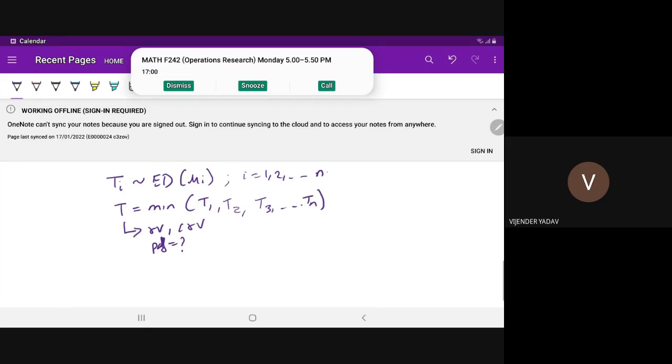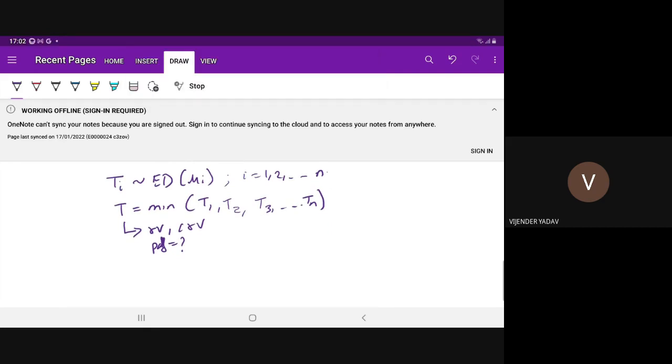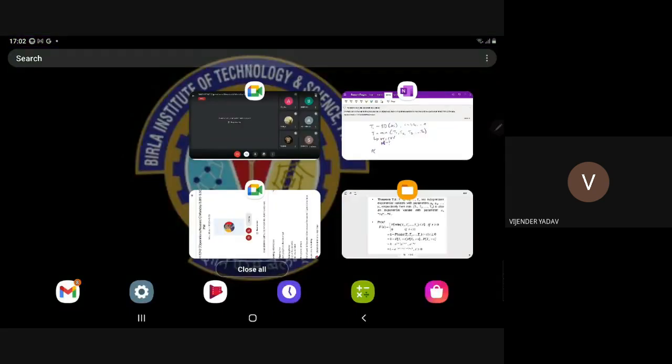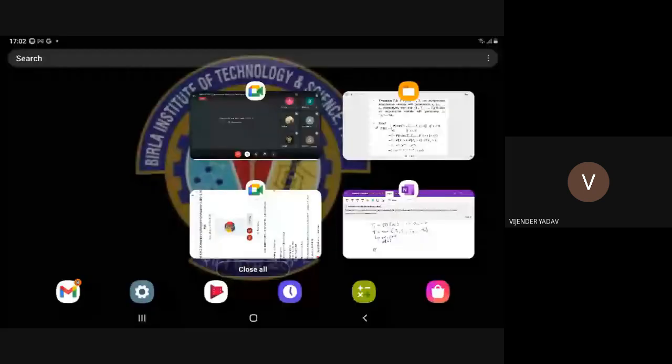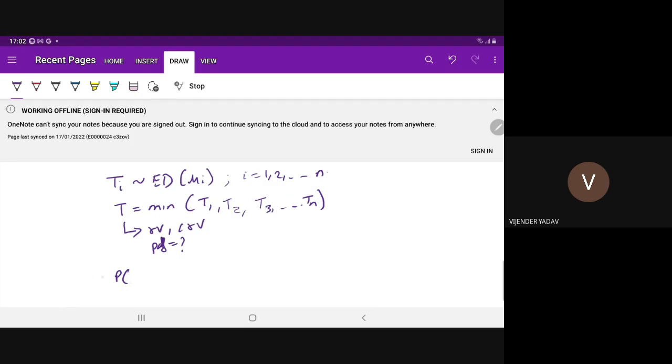Here we compute the CDF of the new variable. So F(t) is the probability that T is less than or equal to t, for t greater than or equal to 0. What is the meaning of this?